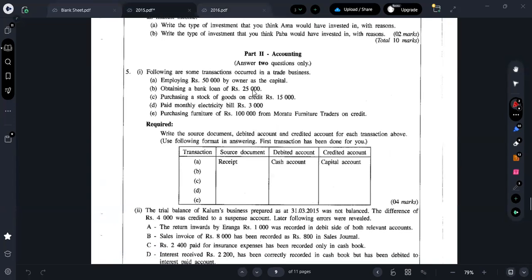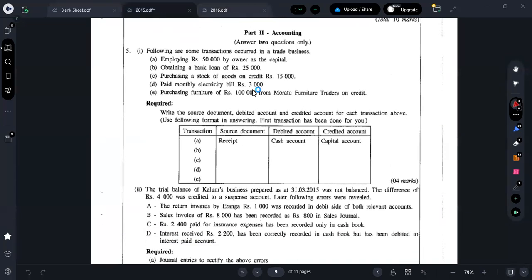To start off with the 2015 paper accounting part, can you all give me a confirmation? Did you all try this question? Did you all try the accounting part? One student has completed. Others, for me to get the count, guys, so I can see how many of you have completed this. Many of them are giving yes.